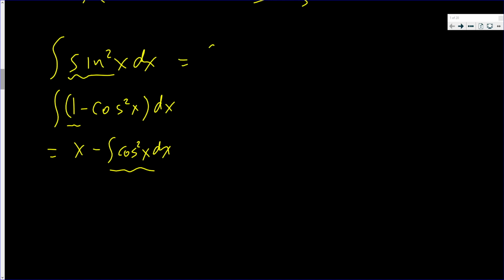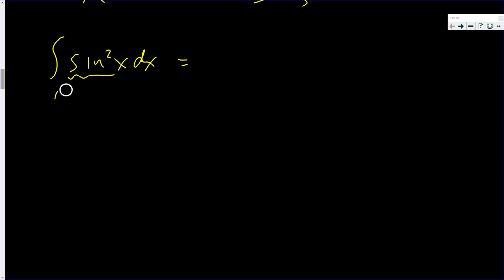I can say I can break off a sine x and don't touch it. Hopefully that's my du. But if this is du, then that's not u, because if u is sine x, du would be cosine x dx. So that's not working.